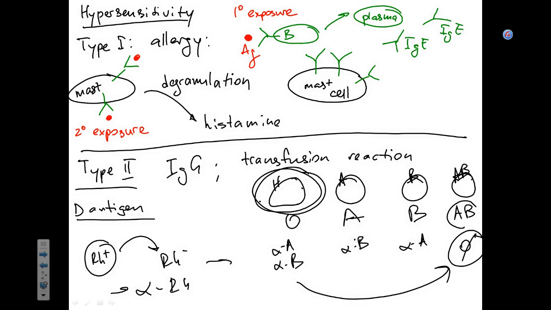They will cause hemolysis of red blood cells, especially after the second and third and fourth transfusion. Does that make sense? So it creates a problem. So what is the universal donor then? O negative, right? And the universal recipient, AB positive. Does that make sense?